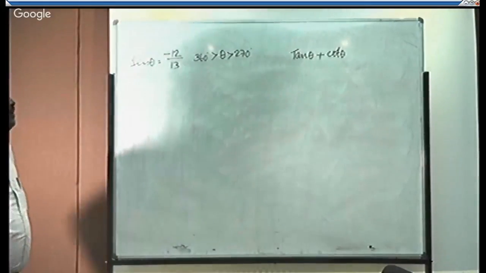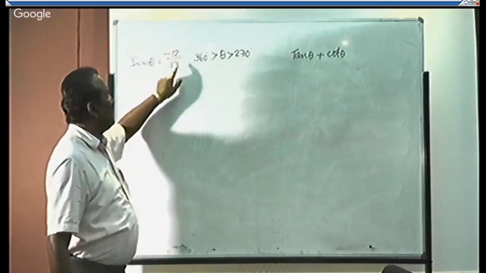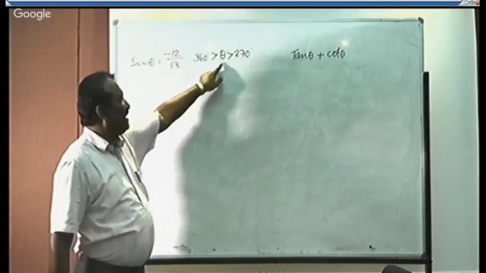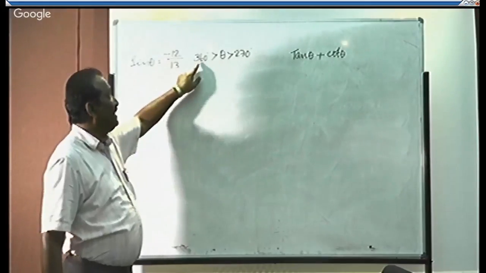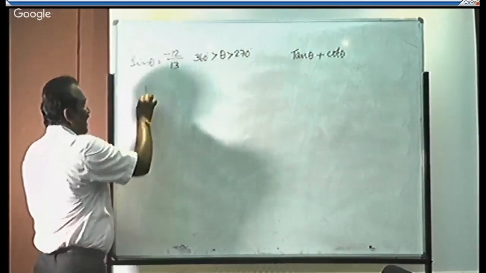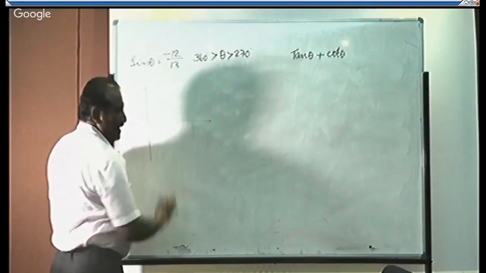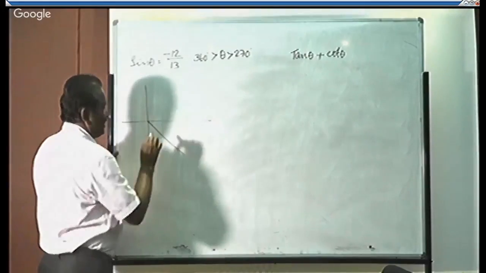That's all. Now sin theta is equal to minus 12 by 13, where theta lies in the range greater than 270 degrees but less than 360 degrees. Definitely the angle is coming under the fourth quadrant only, right? Greater than 270, less than 360.